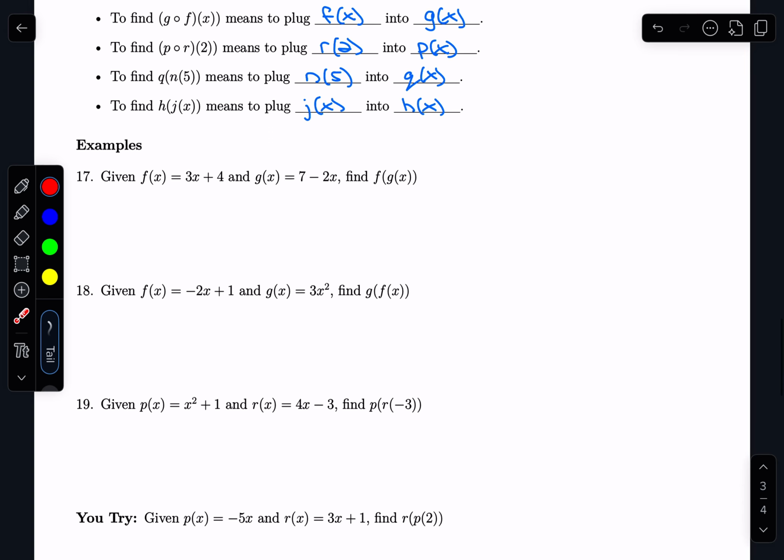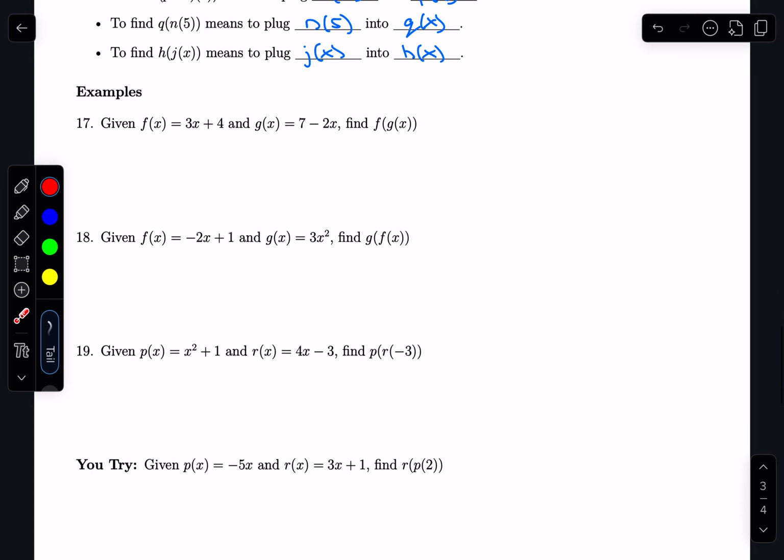All right, a couple examples here. Number 17 says we're given f of x is 3x plus 4 and g of x is 7 minus 2x. We want to find f of g of x. Here's the way I do these. I start with f of x written down, where I'm just going to copy it as is, 3x plus 4.